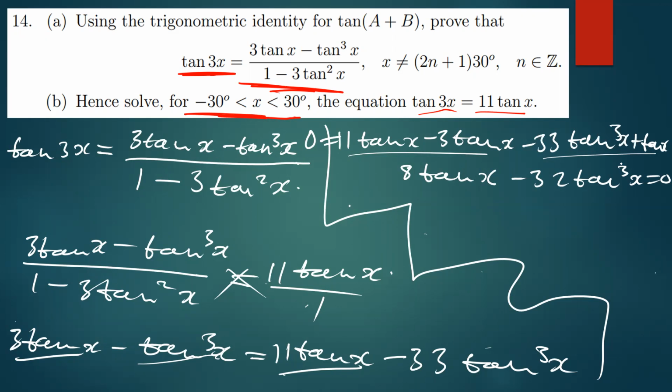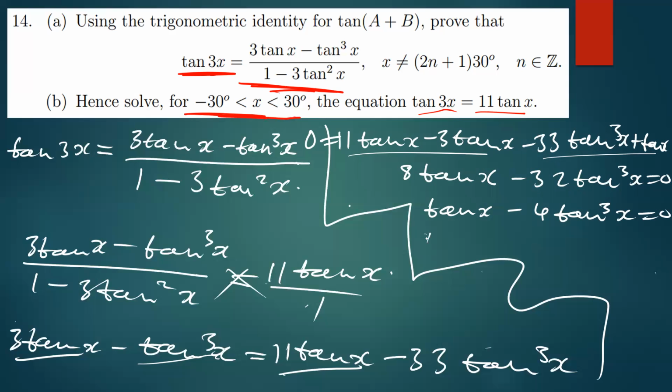So here what you can do is factorize. First of all, we can divide everything by 8 so that we remain with tan x minus 4 tan cubed x is equal to 0.